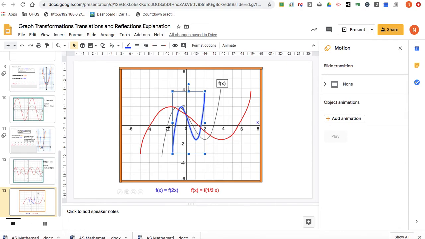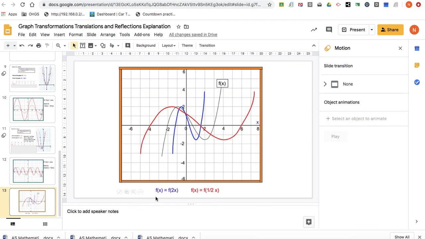So -2 becomes -4. At this point here, 0.75 doubles, so it becomes about 1.5. All right, and they are basically estimate scales. And then this one here, let's just stretch it out a little bit. This one here at 3 would become 6. Okay, so it would look something like that.